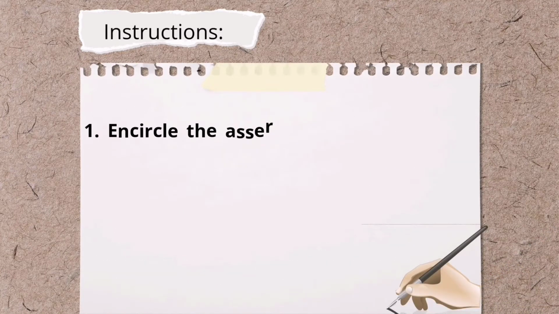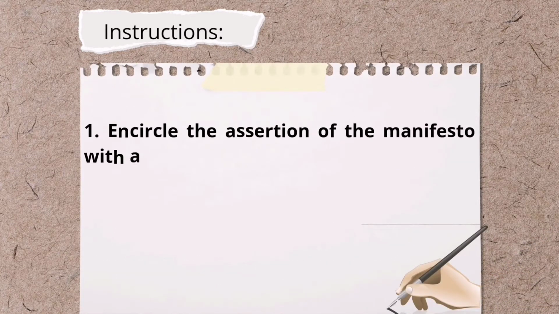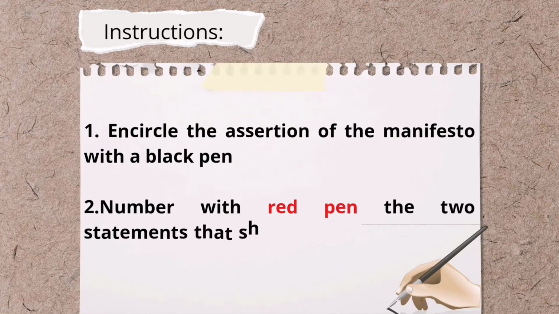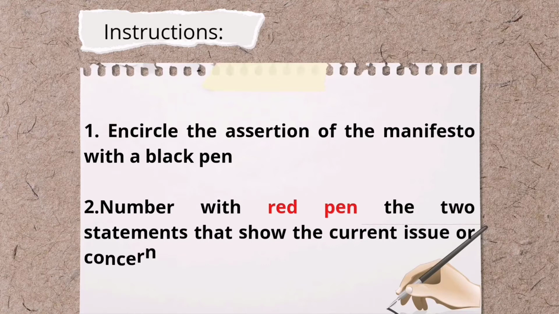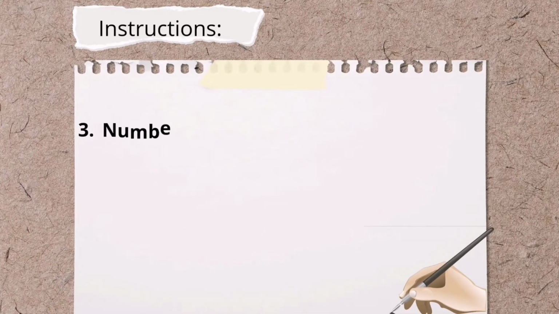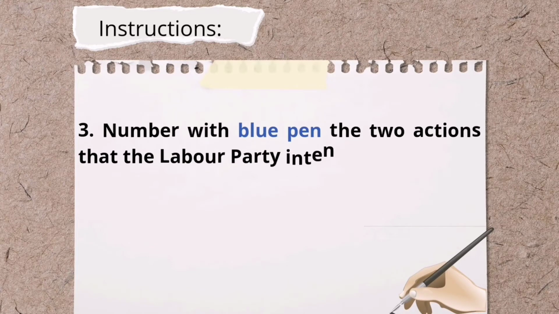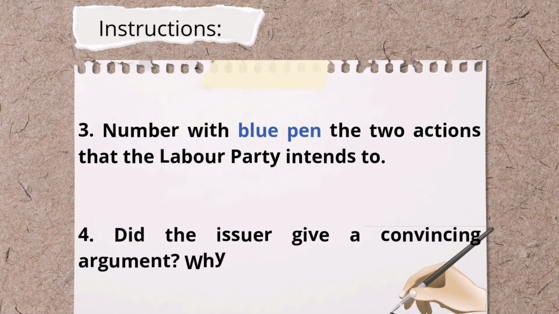Number 1. Encircle the assertion of the manifesto with a black pen. Number 2. Number with red pen the two statements that show the current issue or concern. Number 3. Number with blue pen the two actions that the Labour Party intends to. And number 4, did the issuer give a convincing argument? Why?